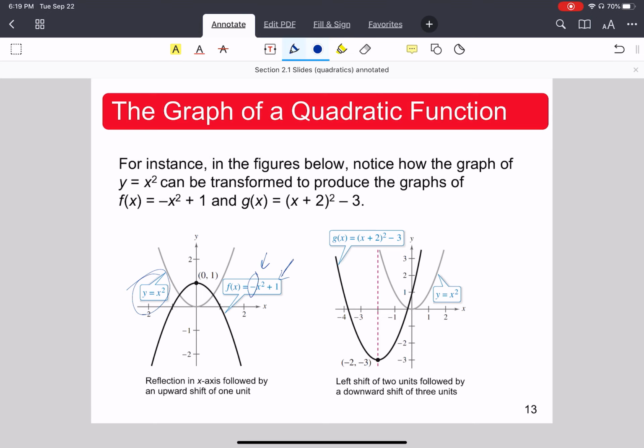On the right hand side, you can see x, the input, is being added by 2, so that's why the function moves to the left, and then it subtracts 3 from the whole thing, so that'll shift it downwards 3 units.